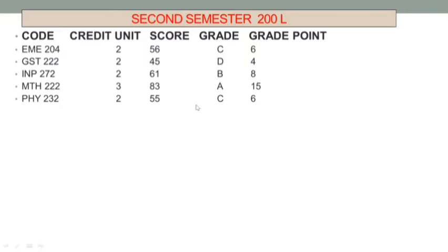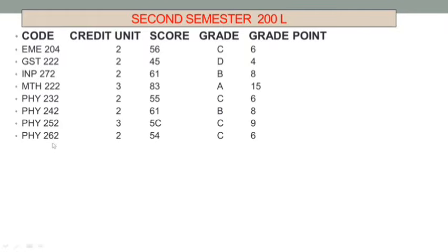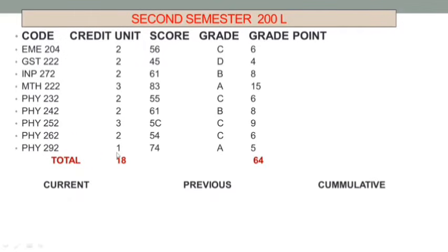Physics 232, score C, 6 points. PHY 242, 2 unit, B, he got 8 points. For another course, he scored C, the grade point is 9. Another course, C, the grade point is 6. Another course, 1 unit, score 74, A.